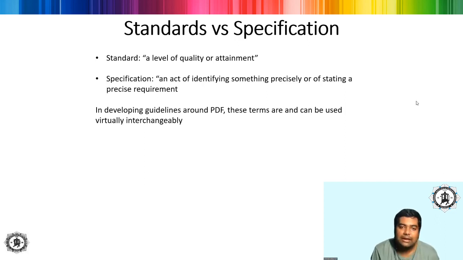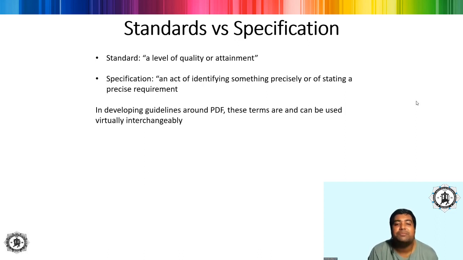So the idea is that when we are talking about specification, we mean certain parameters, certain values of those parameters to be specific, which should be followed. Maybe not only values of specific parameters, but certain processes which need to be followed in order to achieve that standard.